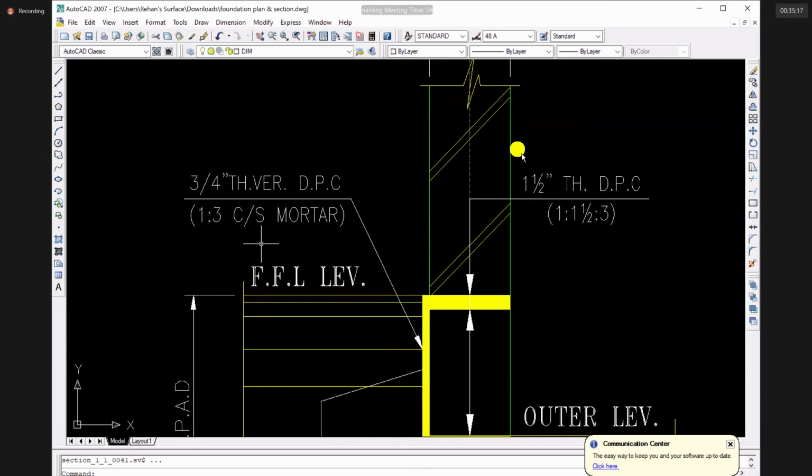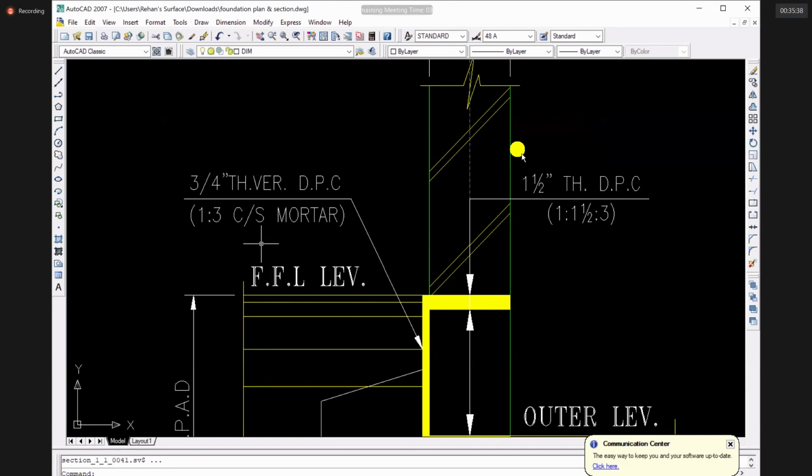You can add any water resistant chemicals, or chemicals which make the concrete more water resistant, more watertight. You can add any admixture to the concrete which is used in the damp proof course.